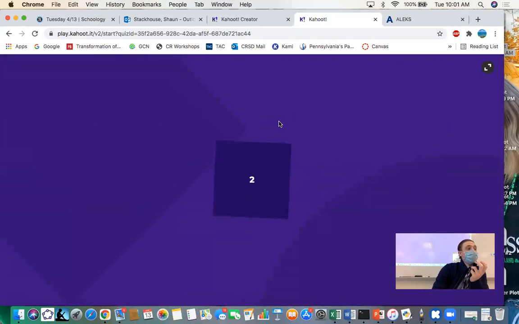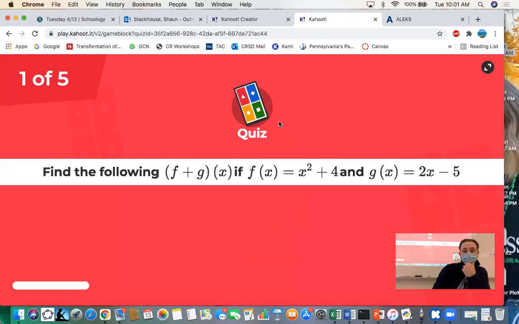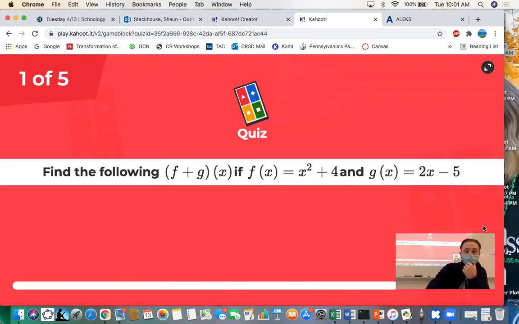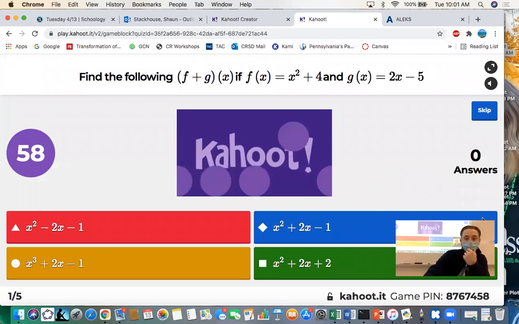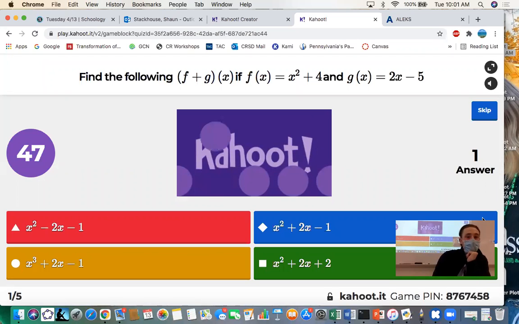Make sure that you're writing the question down, following along on a separate sheet of paper. First question is addition. So you're taking those 2 functions and just adding them together. You have 1 minute to do so.